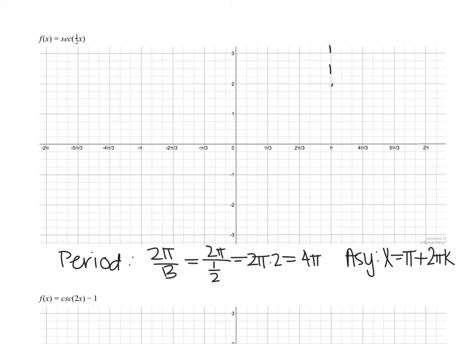So if we draw our asymptotes, pi, the next one would actually occur at 3 pi, which you can't see on here. Draw my other one at negative pi. And then we know that we're going to be at 0, and then we just draw the parabola between that.